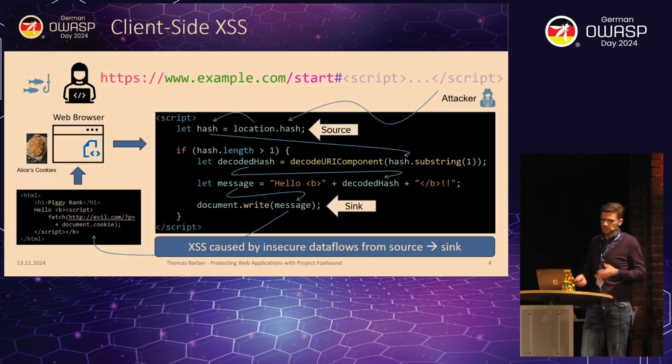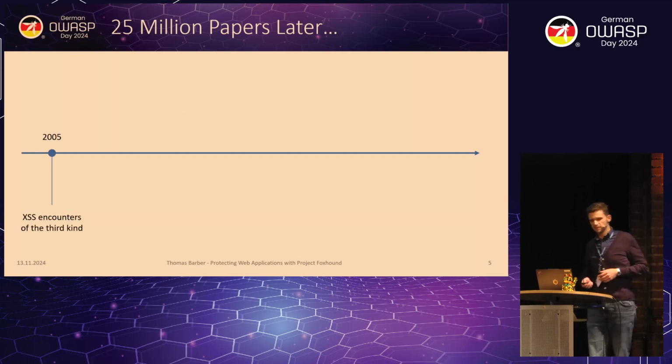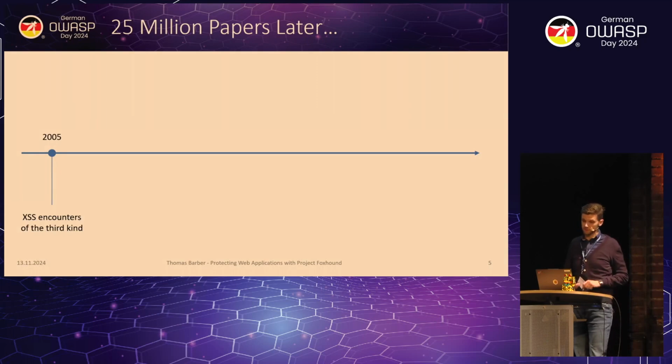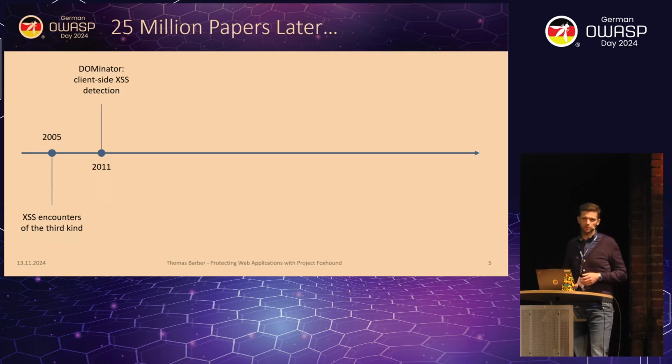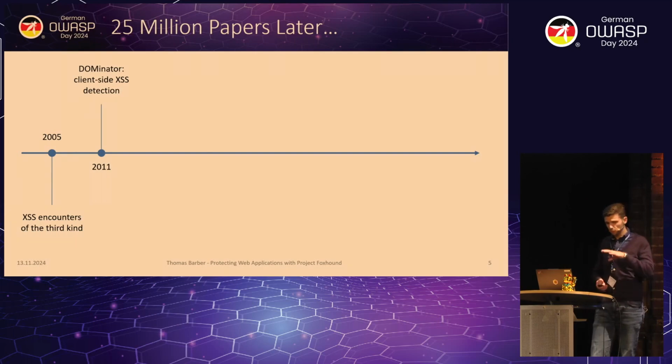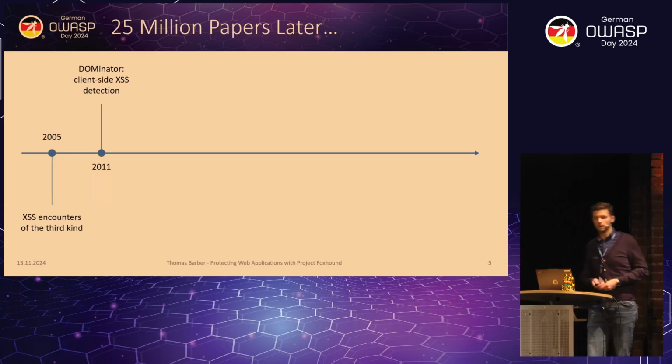And client-side XSS, it's not a new thing, right? It's been around for a while. So this variant was discovered back in 2005. And the development is also kind of interwoven with the OWASP community. So one of the first big tools which was used to detect client-side XSS was Dominator, which I think was developed by Minded Security.